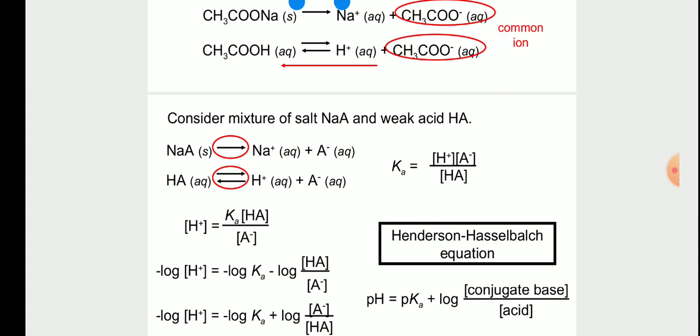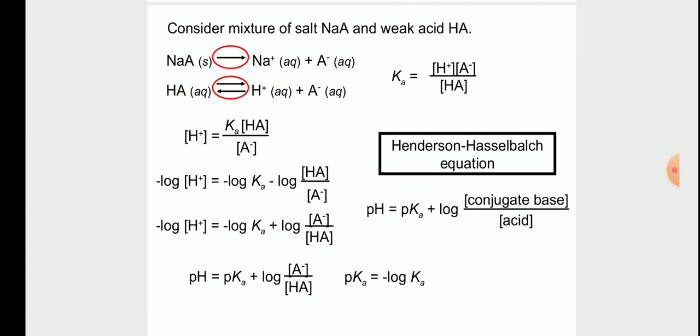For the salt of a weak acid with a strong base such as sodium, the Henderson equation is applicable. The Henderson equation for the buffer solution is: pH = pKa + log ([conjugate base]/[acid]). The conjugate base here means the acetate anion, if we consider the previous example.